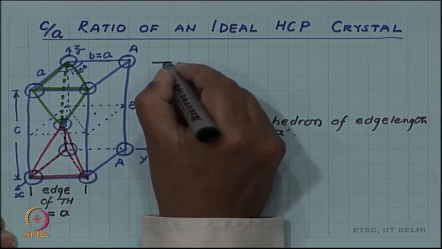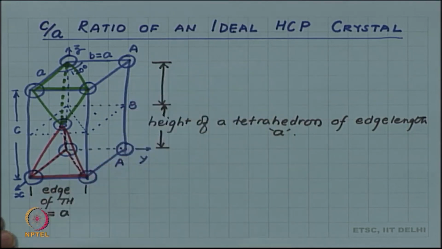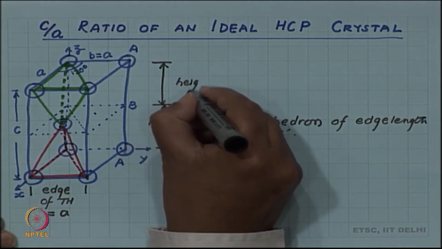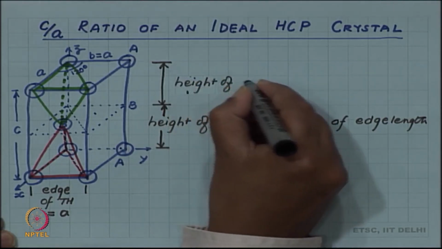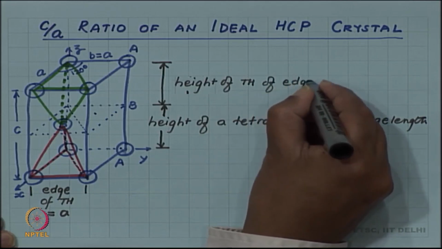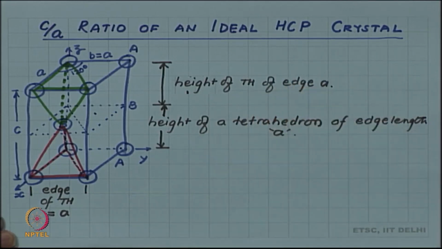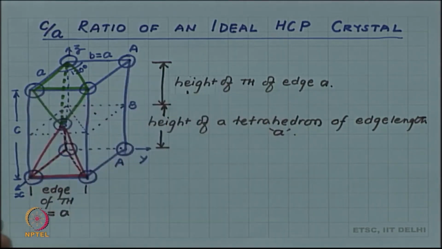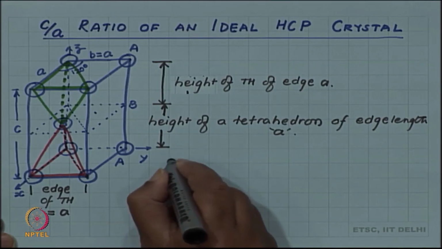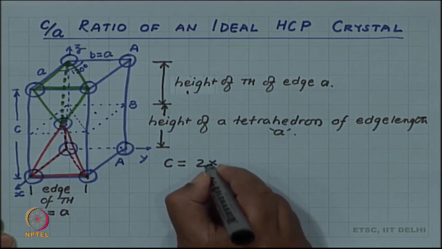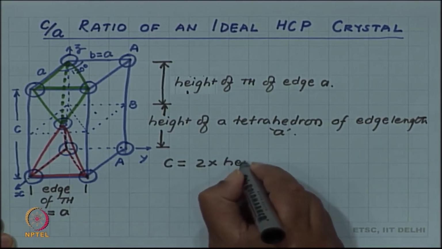The inverted tetrahedron is identical to the upright tetrahedron and has the same height. So, this is also the height of a tetrahedron of edge A, which means now, since the A to A distance is C, we have a simple relation that C is nothing but 2 times the height of this tetrahedron.